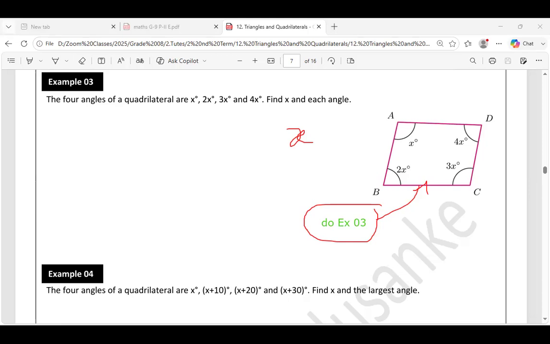Sinara has sent me the separate magnitude for x. So what is x? What is 2x and what is 3x and what is 4x? Right, I'm going to discuss this.